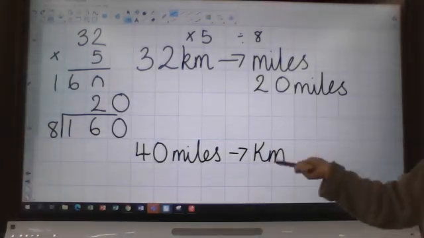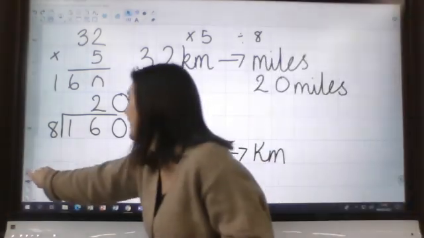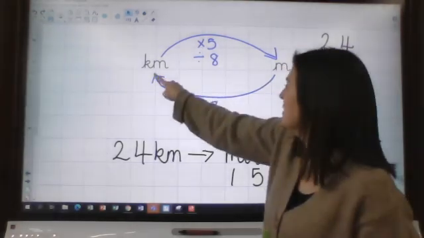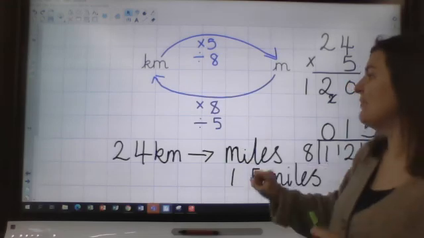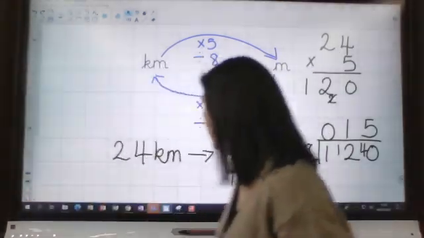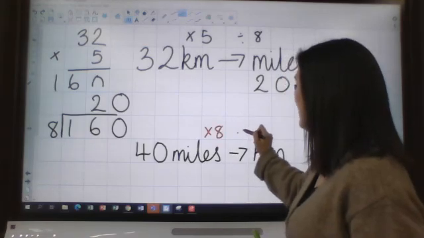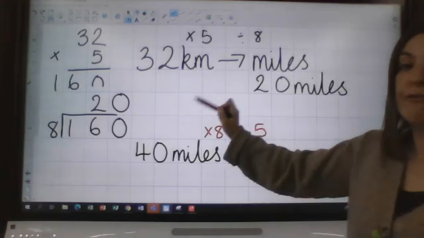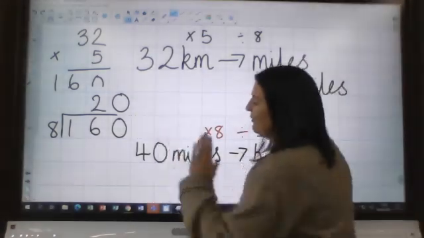Now we're going to go it the other way. So this time we've got to go from miles to kilometres. So miles to kilometres, we do the opposite. So we multiply by 8 and then we divide our answer by 5. So I'm going to do 40 multiplied by 8. So I can do that one because I can knock off the 0.